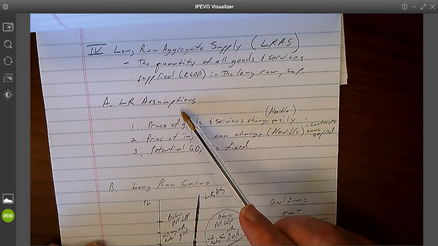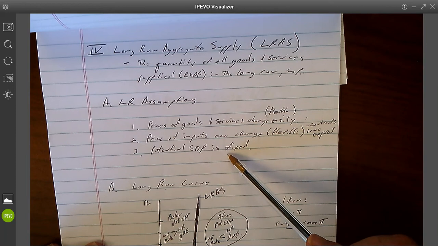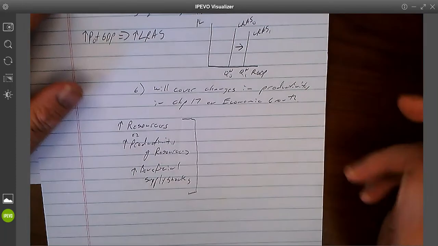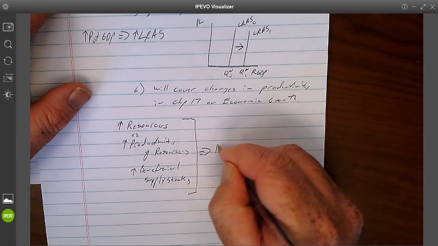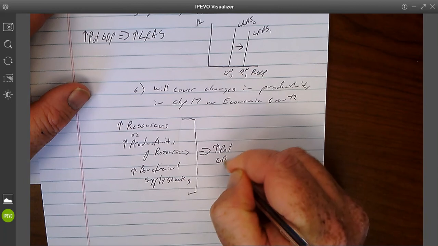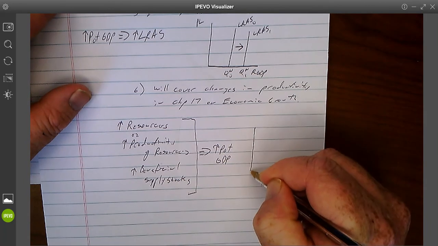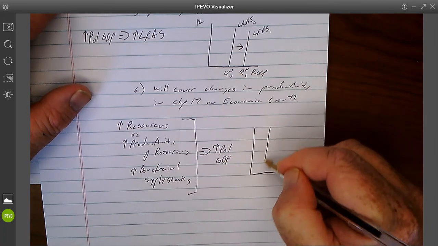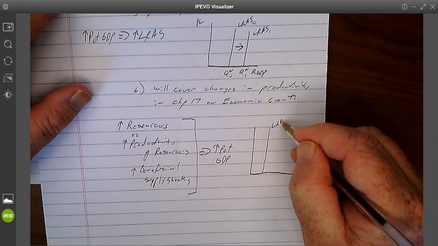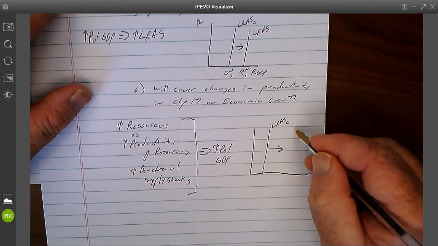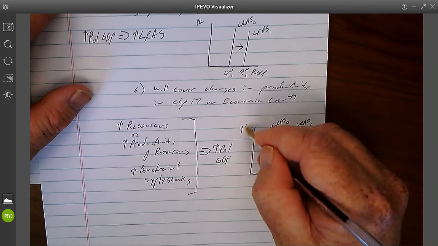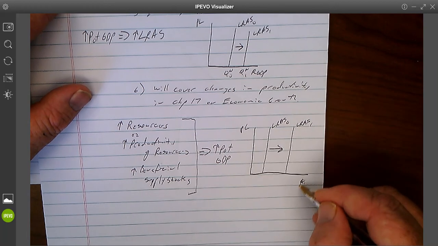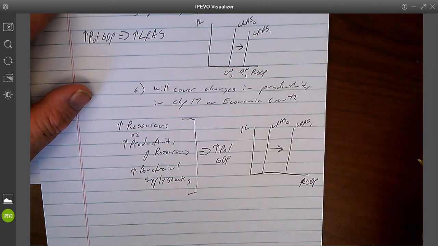With the long run, we're only assuming potential's fixed. So any changes in potential are going to change long-run aggregate supply, right? These would all increase potential GDP, which would shift things to the right. Long-run aggregate supply 0, long-run aggregate supply 1. Again, price level on this axis, real GDP on this axis.